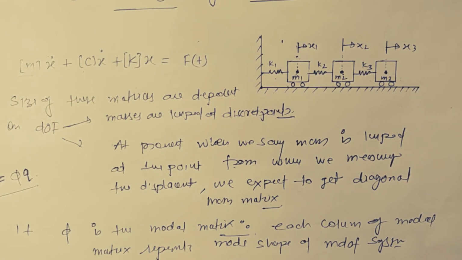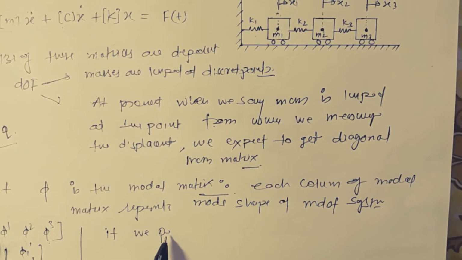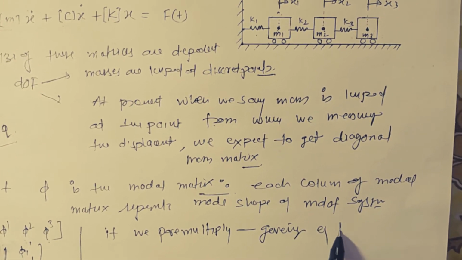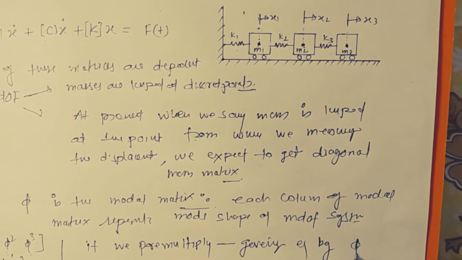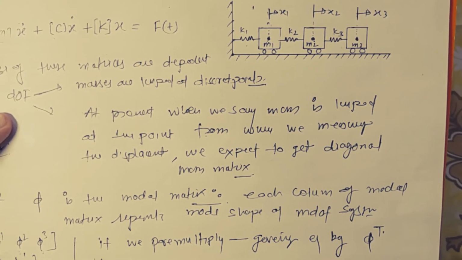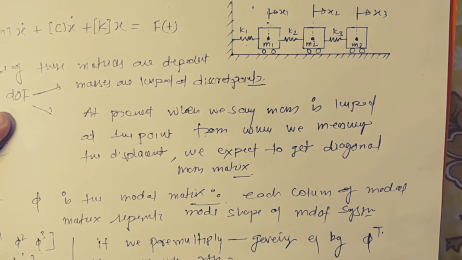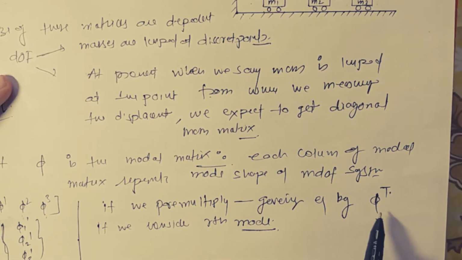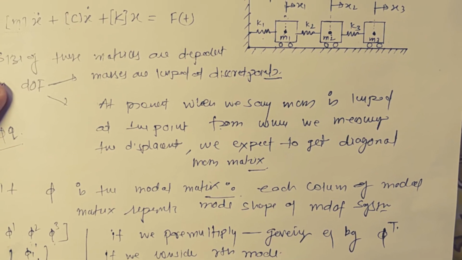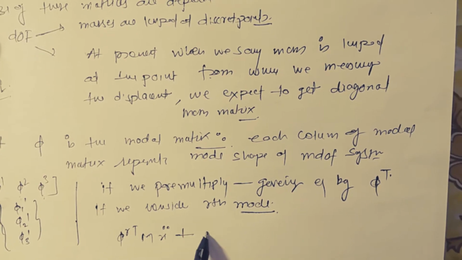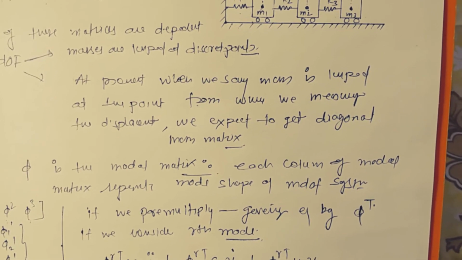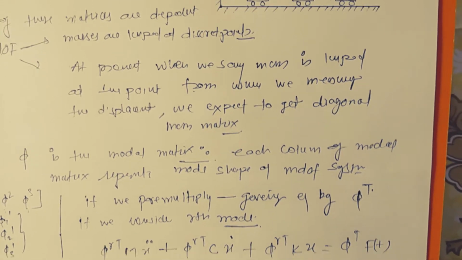If we pre-multiply the governing equation by phi transpose, or if we consider the rth mode, then we get the equation phi r transpose M x double dot plus phi r transpose C x dot plus phi r transpose K x is equal to phi r transpose f(t).